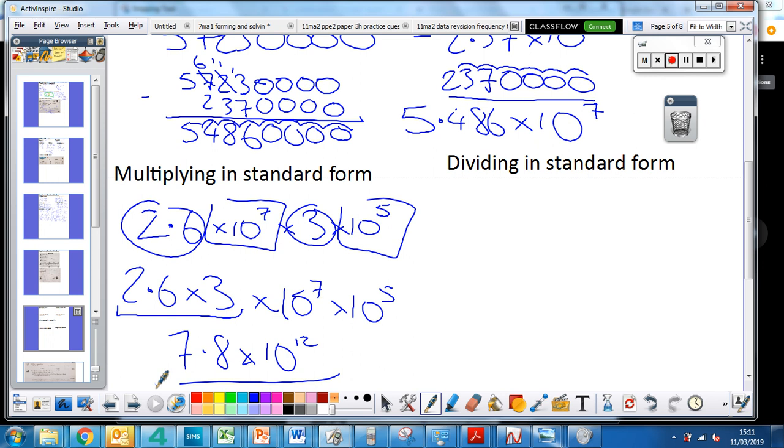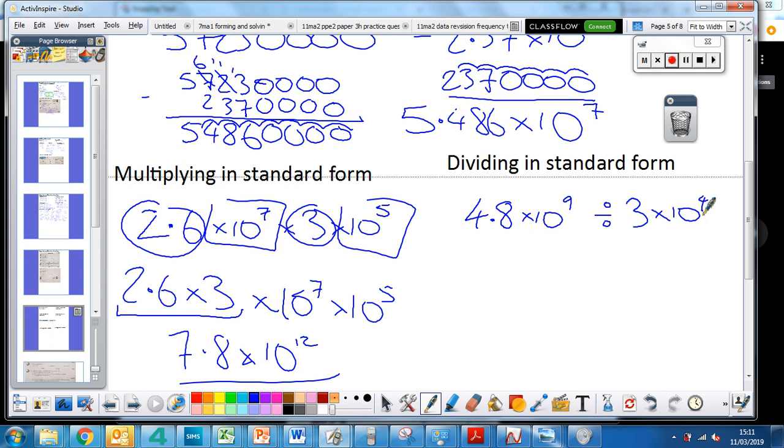Dividing in standard form. You may have something like this. 4.8 times 10 to the 9 divided by 3 times 10 to the power 4. So, if you're going to do that, you need to rewrite your division, and you write it like this.